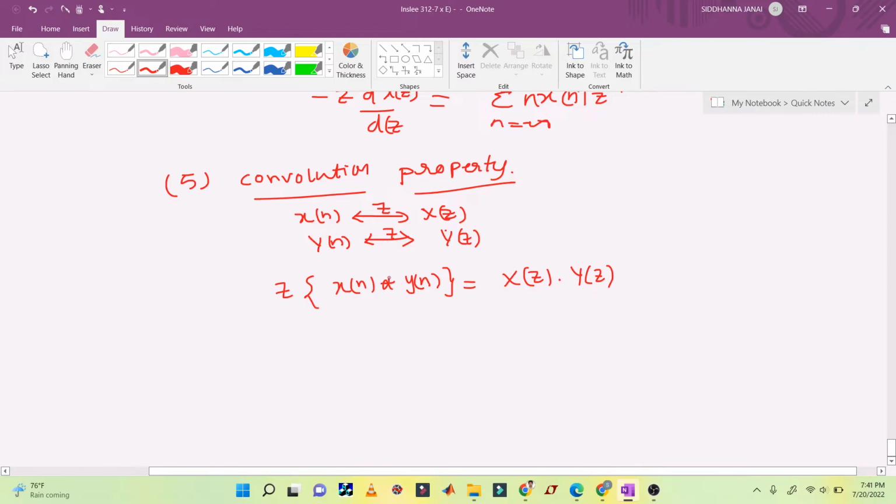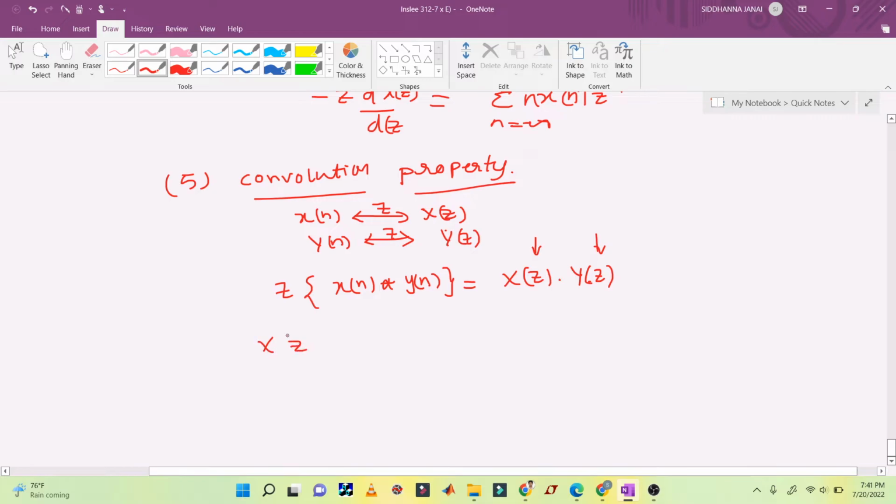So sum of products whatever we are doing, now what are we doing, x of n y of n there, we are producing sum of products in time domain, whereas in frequency domain it is just multiplication of the z transform of x with z transform of y. Okay, now let us go through the proof of it.